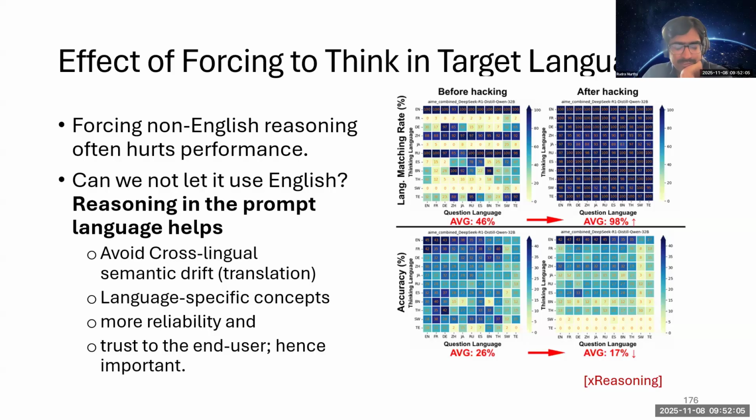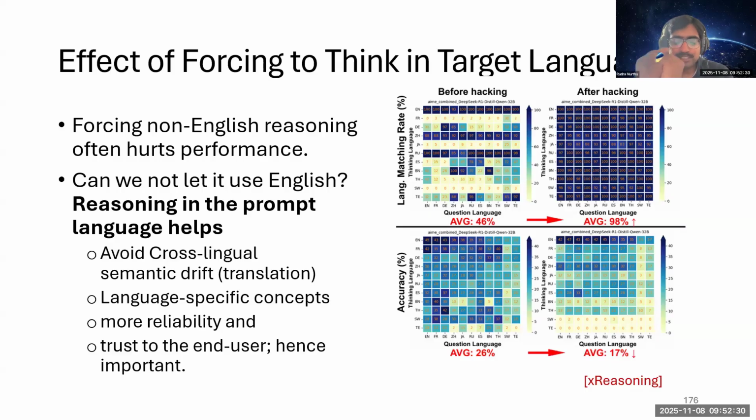There are many points. One is to avoid this cross-lingual semantic drift. So internally, what happens is we ask a query in language L. Now the model tries to figure out what the query is and tries to solve it. Now the figuring out phase depends on how well the internal spaces, or I mean the internal representations, are aligned.